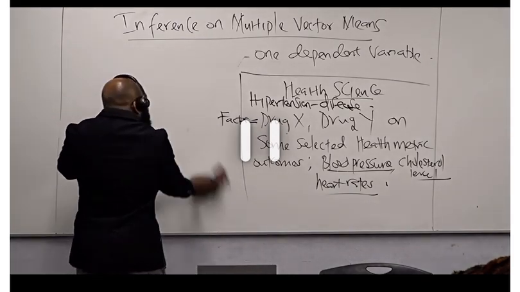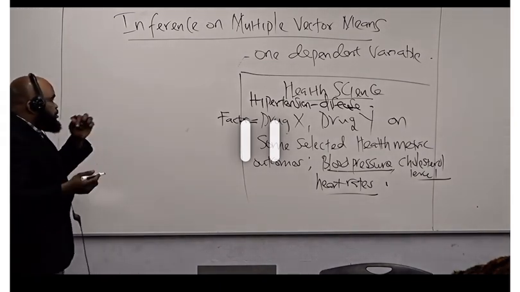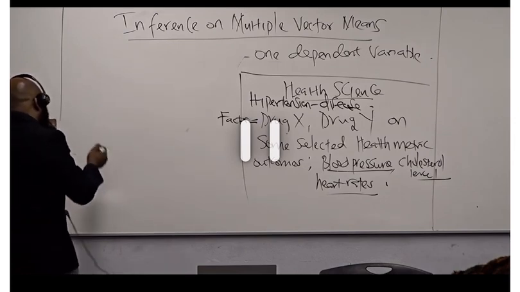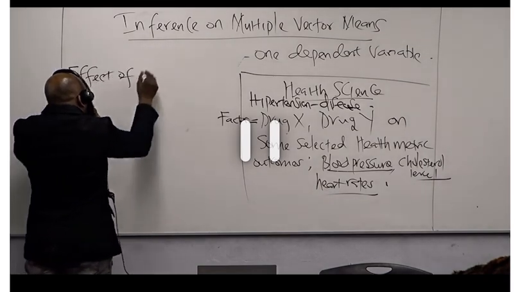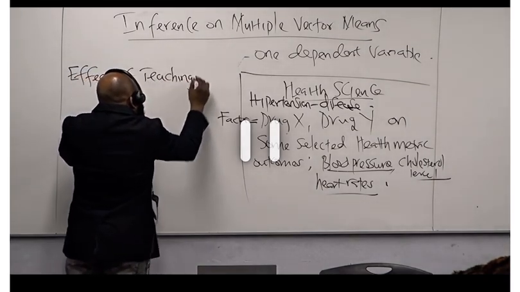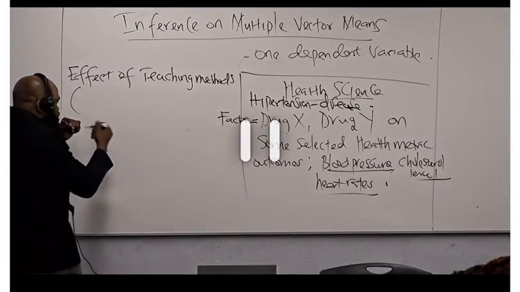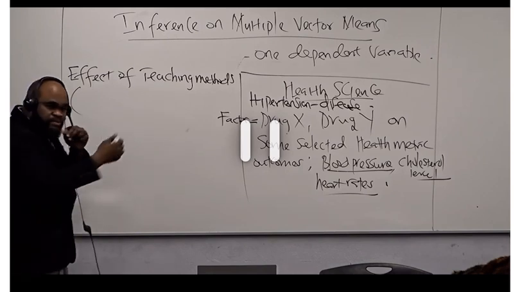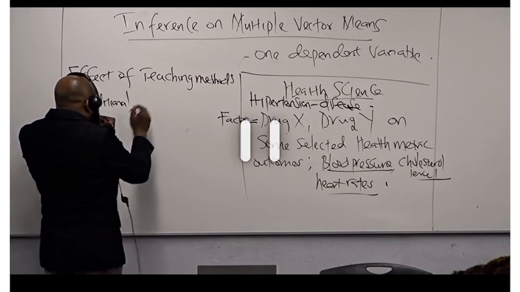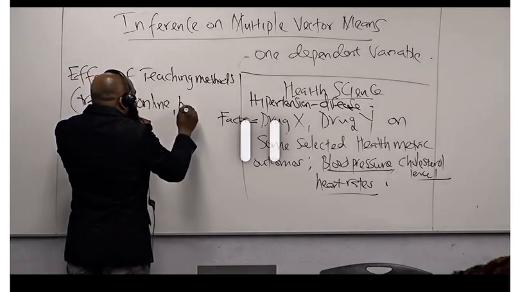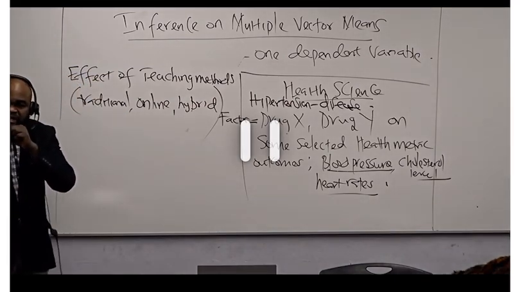Another example I'm going to give is a researcher who may be interested in investigating the effects of teaching methods. When I talk about teaching method, I mean the teaching delivery: the traditional one, like the one we're having now, in person, then online, and hybrid. Hybrid is where at times we do online, and at times we do in person.